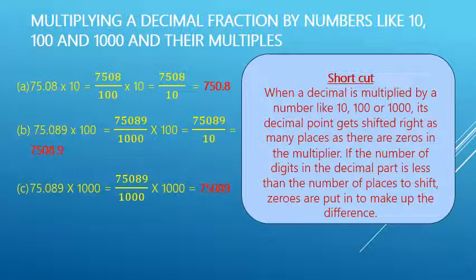In the same way, when we multiply 75.089 by 100, since there are 2 0s in 100, the decimal point will shift 2 places towards the right hand side. Therefore, our answer is 7508.9. So we can solve this by the shortcut method without doing actual multiplication. I hope you have understood the shortcut method of multiplying a decimal fraction by numbers like 10, 100 and 1000 and their multiples.